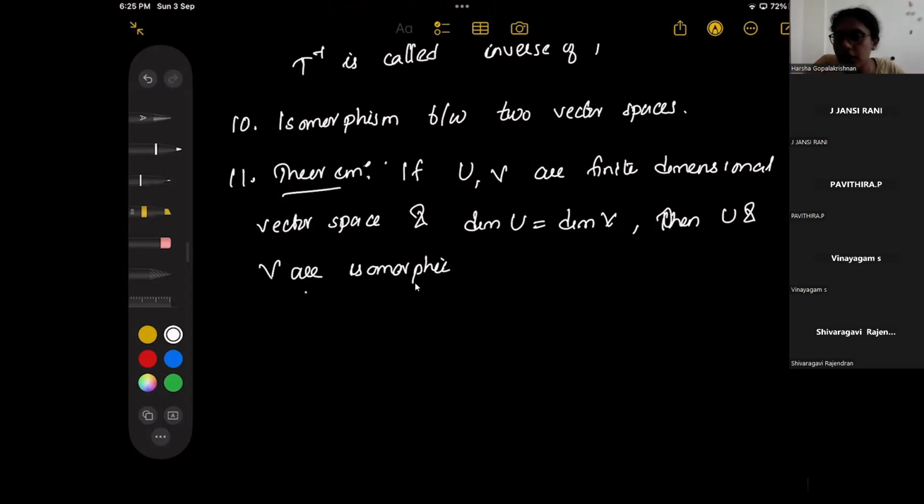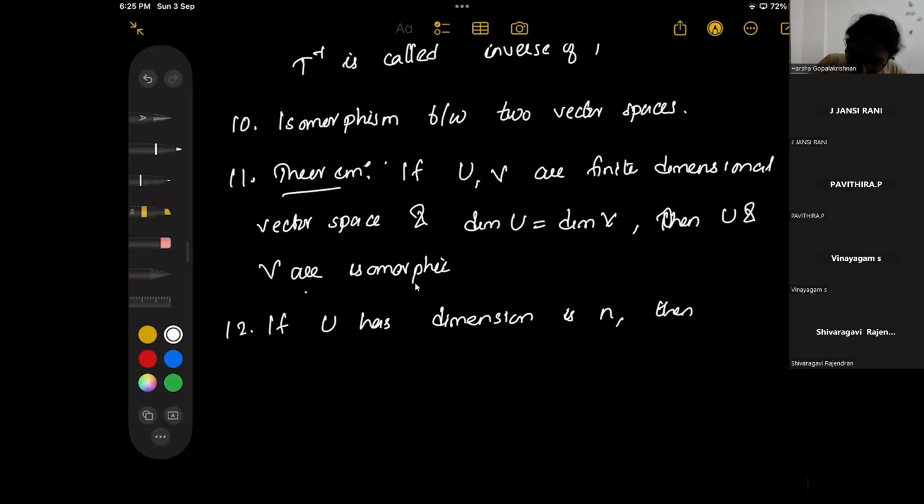One of the important corollaries from here is: suppose U is a vector space and its dimension is n, then we can say that U is isomorphic to F^n for any field F. So this is just the corollary of this theorem.